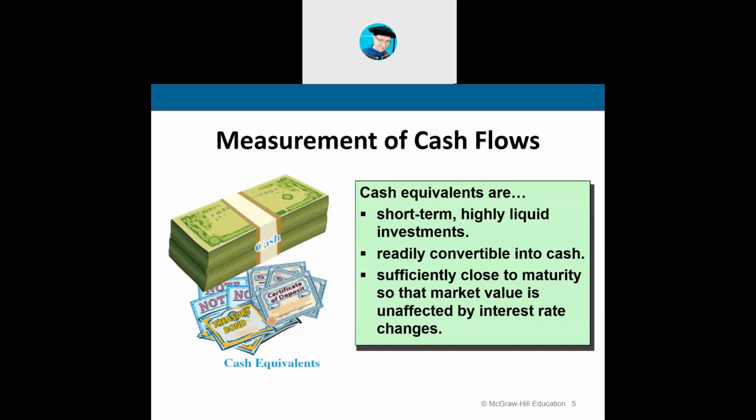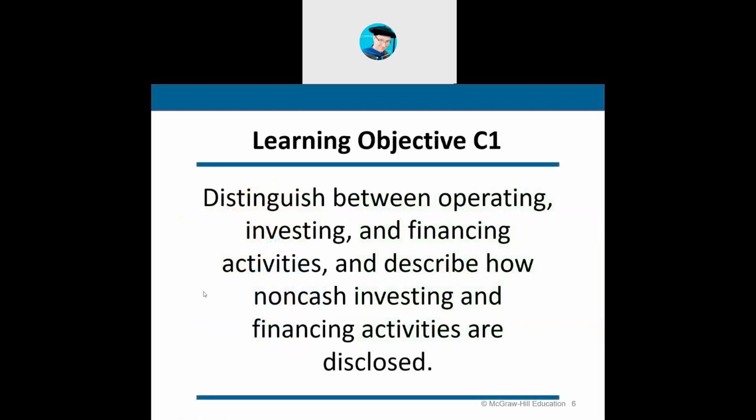Something that I can quickly convert into cash is called a cash equivalent. An example of that would be selling stocks and bonds. Very quick, very easy. That's cash equivalents.